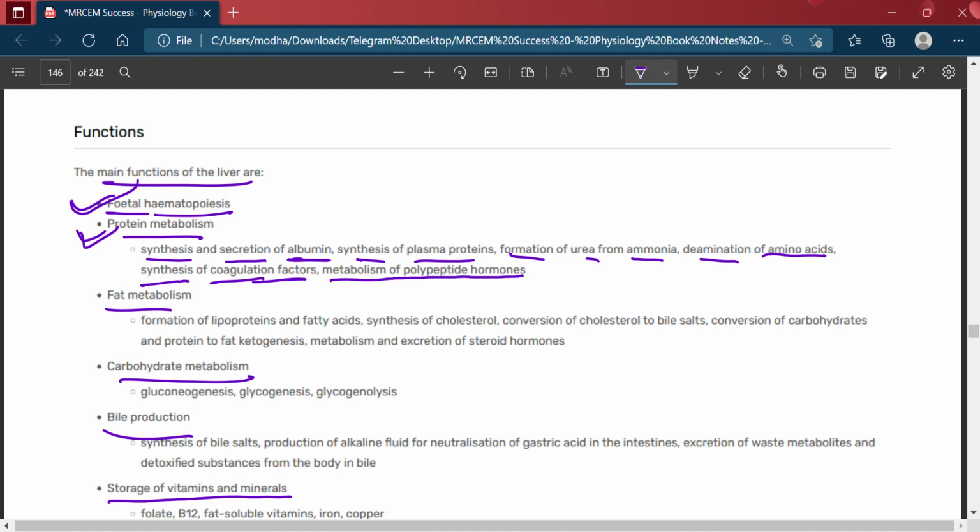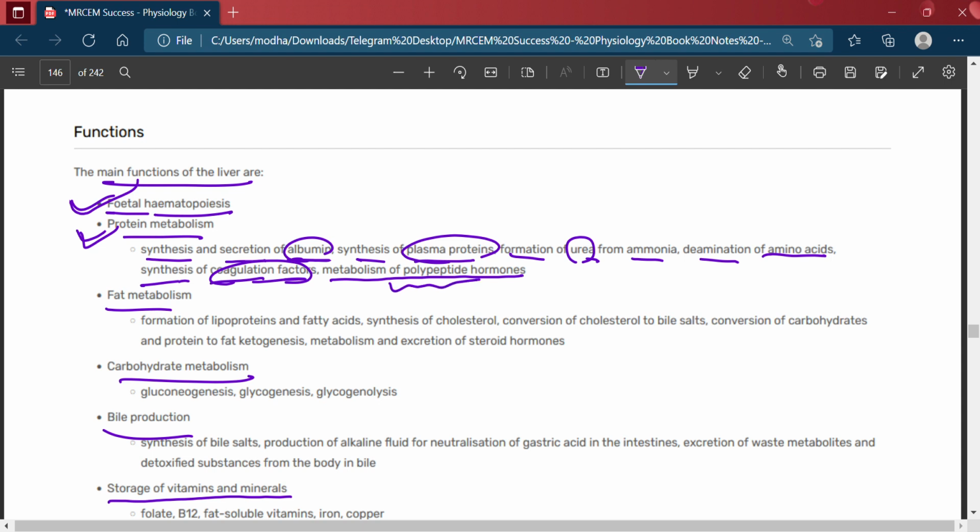Okay, metabolism of the polypeptide hormone.